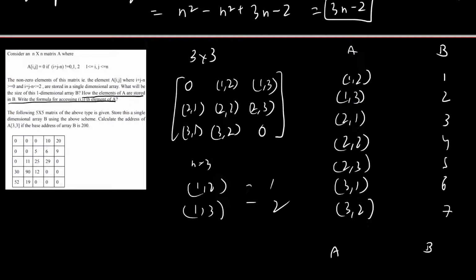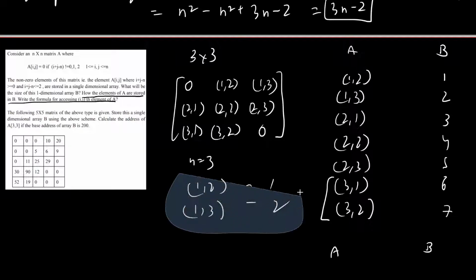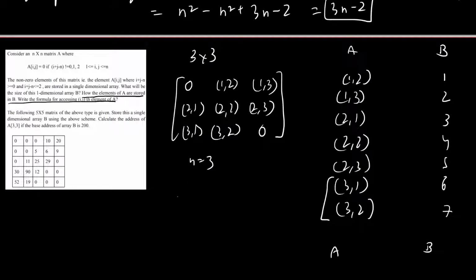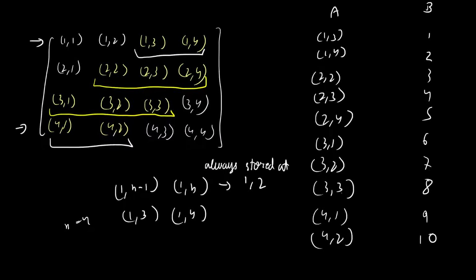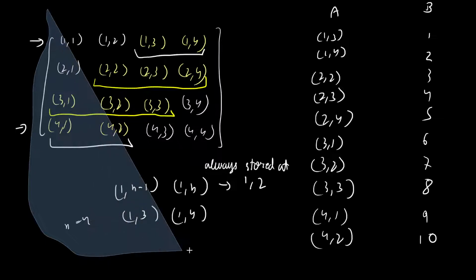So again, for 3 cross 3, n equals 3, correct? Now, if we consider these cases, 3,1 and 3,2. So 3,1, that's 2 over 6, 3,2, that is 2 over 7. For 4 cross 4 matrix, let us copy this again.